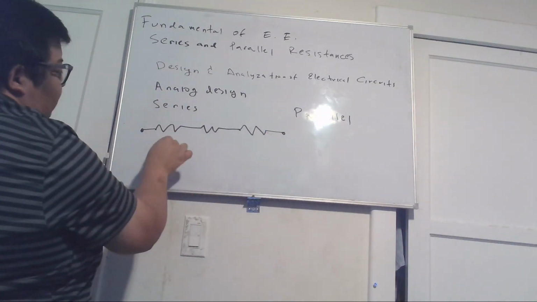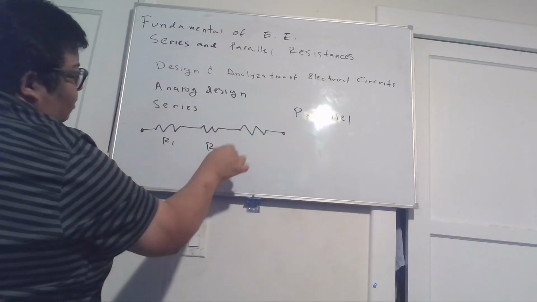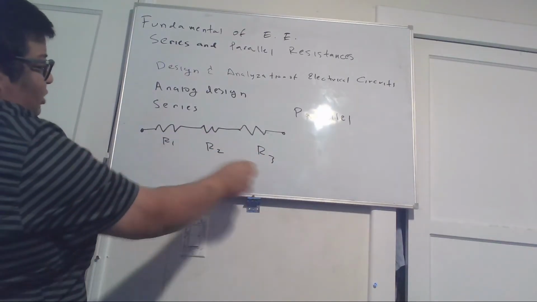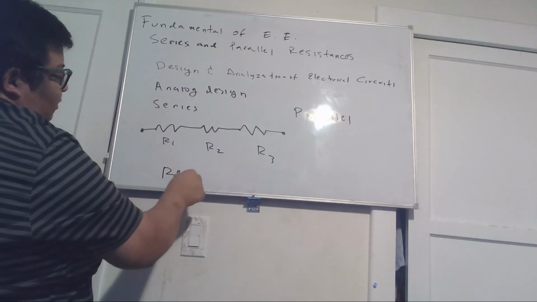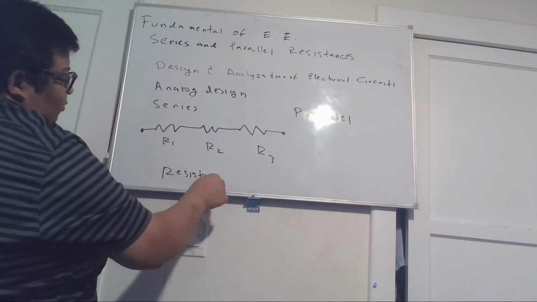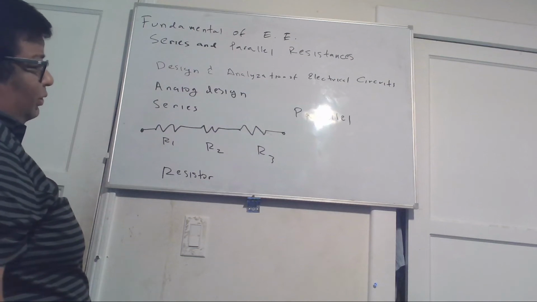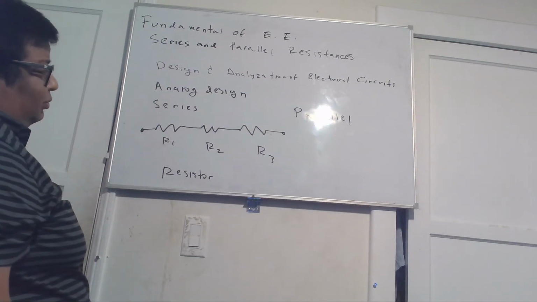So we can call them R1, R2, and R3. That means that each one of them is a resistor in a resistor circuit.